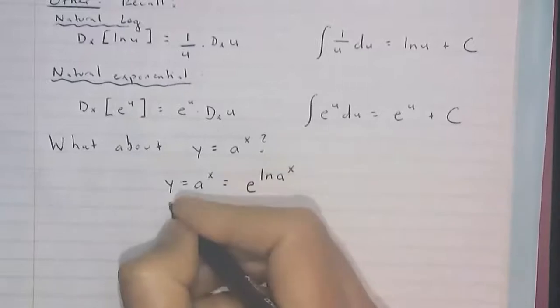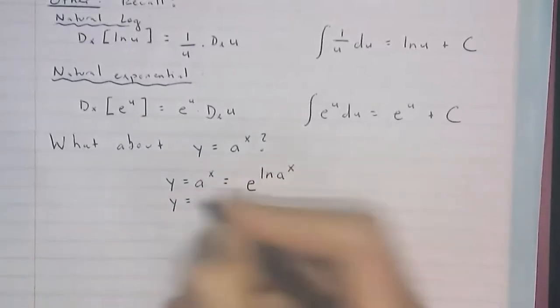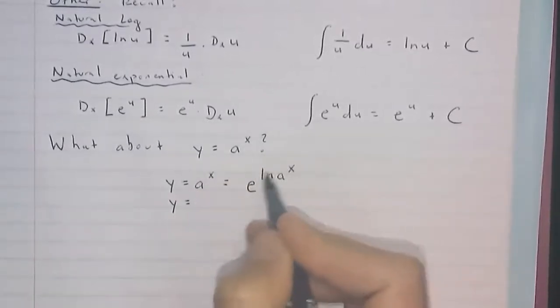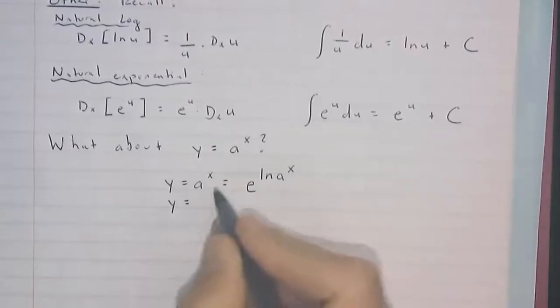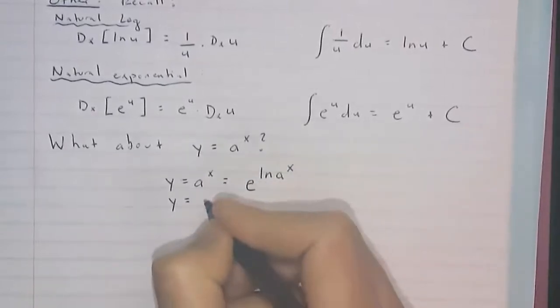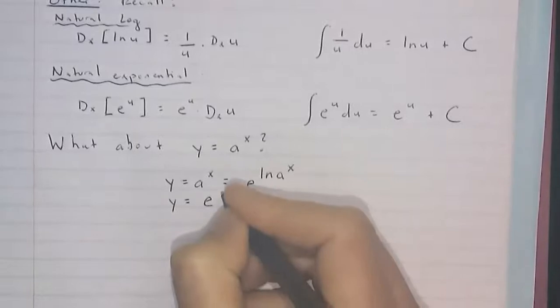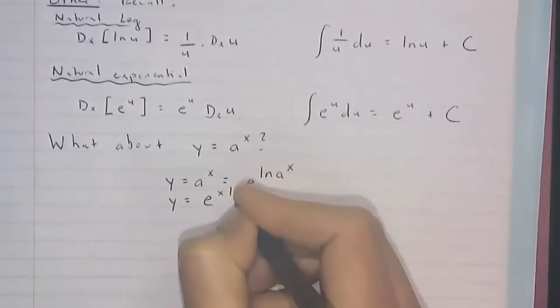And more specifically, we can use the power rule on the ln to say that a to the x is equal to e to the x times ln of a.